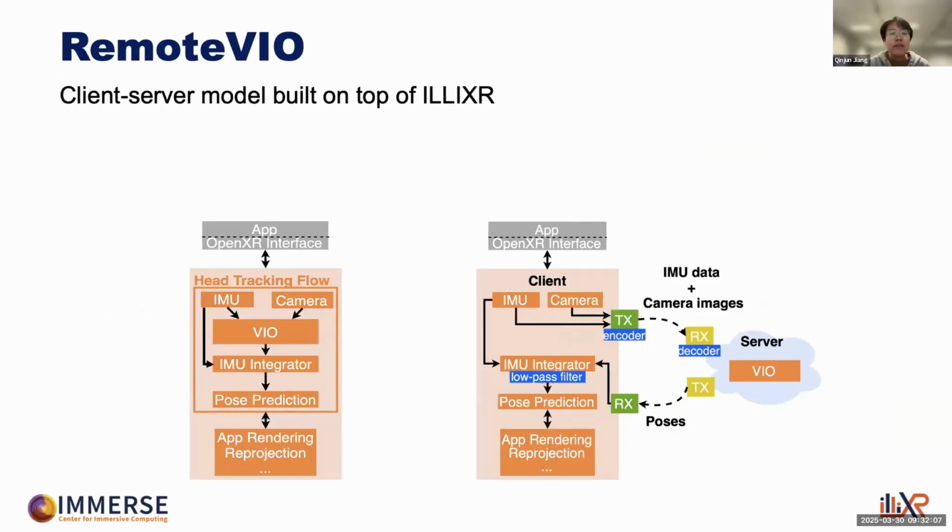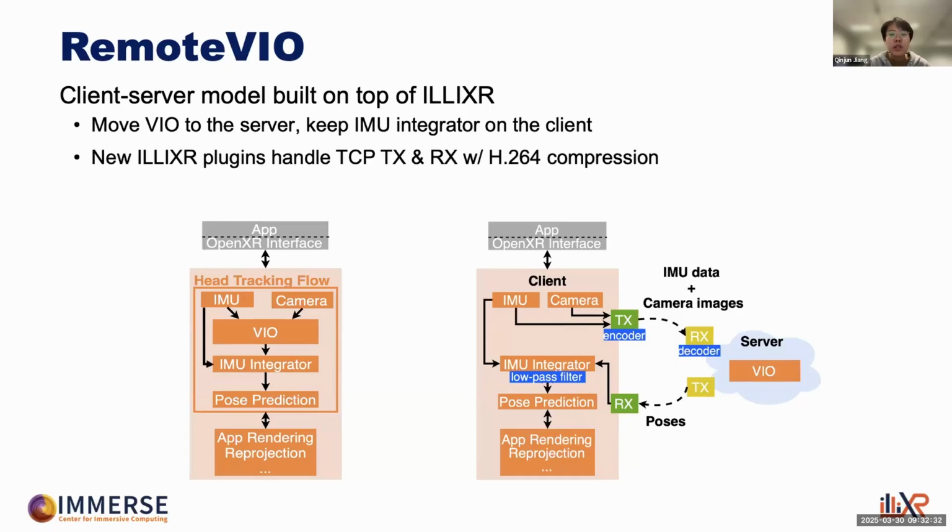Taking advantage of ILLIXR and our insights into the collaboration between VIO and the IMU integrator, we built Remote VIO with a client-server architecture. We moved the intense VIO computation to the server by sending the compressed camera images and IMU data to the server and getting back VIO poses.